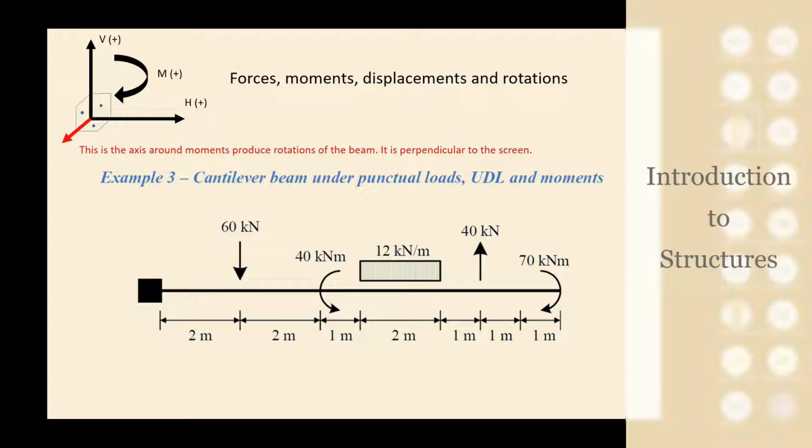Before starting the example, remember that even when we work in 2 dimensions, there is a third axis in the 3-dimensional space, an axis that is perpendicular to the screen, and I put it here in red. This is the axis around which the moments act. For example, this negative moment of 40 kilonewton meter is negative because it's anti-clockwise and produces rotations around the axis perpendicular to the screen that is in red here.